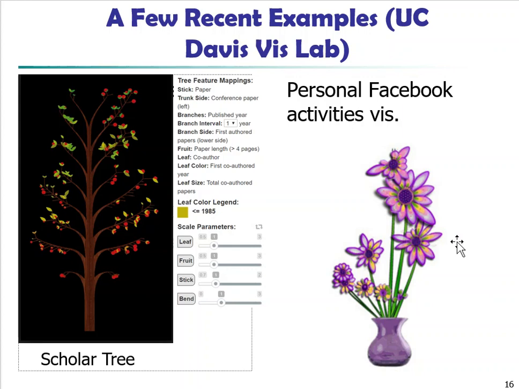You can probably also use those kinds of visualization beyond visualizing a scholar's publication or Facebook activities. But again, I feel like for icon-based visualization, the key feature is to make the mapping intuitive. That's 22 minutes already. I'm going to terminate this recording and start a new one.